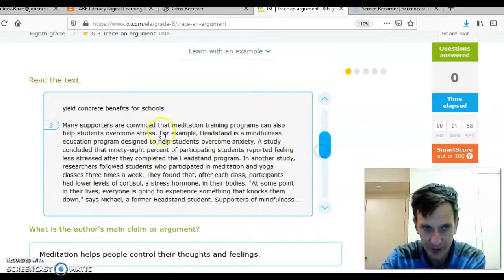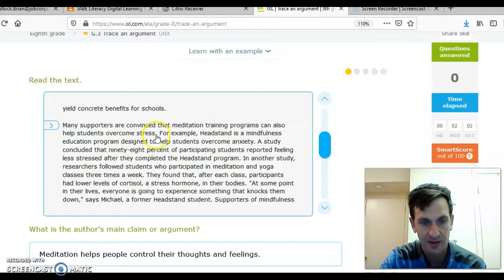Many supporters are convinced that meditation training programs can also help students overcome stress. For example, Headstand is a mindfulness education program designed to help students overcome anxiety. A study concluded that 98% of participating students reported feeling less stressed after they completed the program. In another study, researchers followed students who participated in meditation and yoga classes 3 times a week.